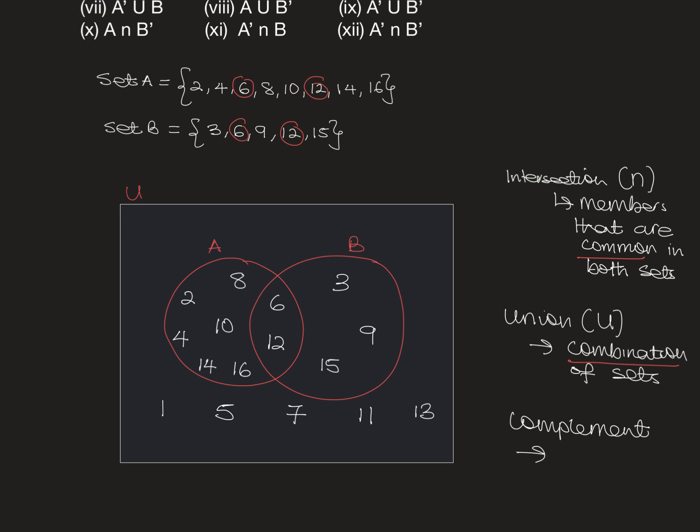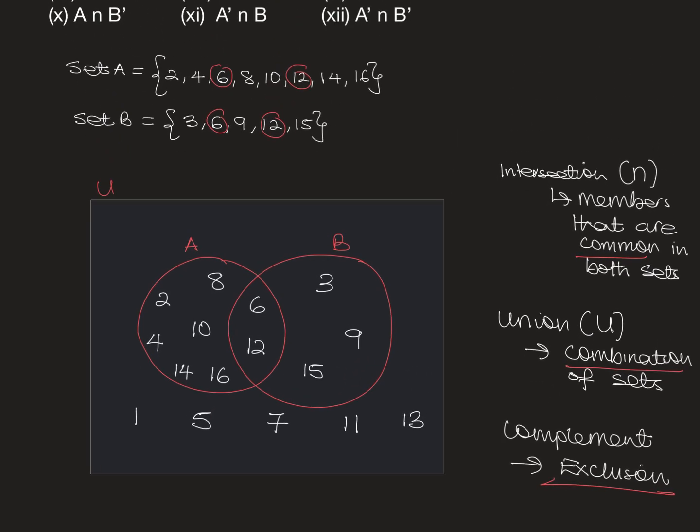The word that I want you to understand for complement here is exclusion. Exclusion of whatever they tell you, but you have to indicate anything that is outside apart from that exclusion. So these are the three things that we have to understand. Now let's answer the questions one by one.